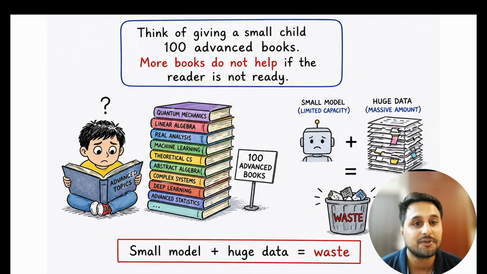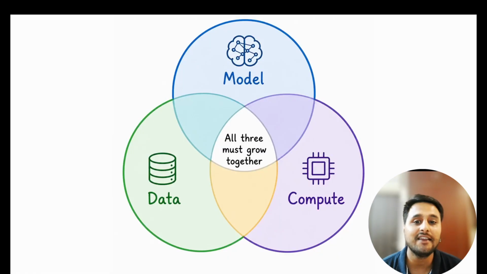So let's come to the point that a small model has limited capacity and we cannot give it a massive amount of data. If we combine both, it is a waste, and we will not get better results by doing so. So in 2019 and 20, researchers at OpenAI and the wider community realized that we should increase all three components simultaneously, in parallel.